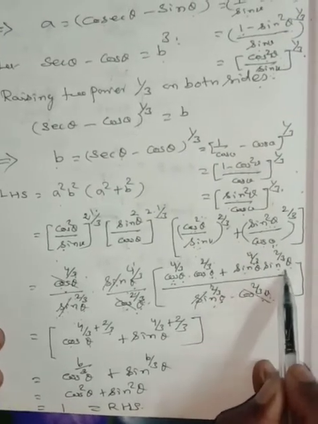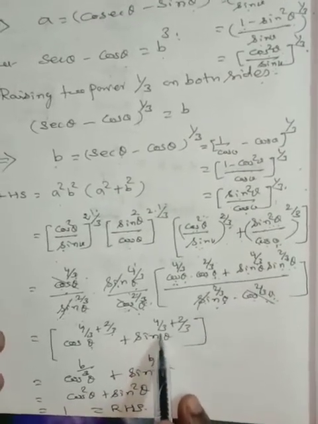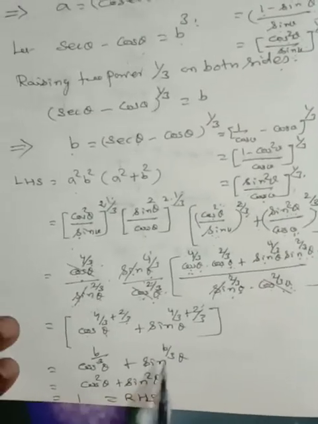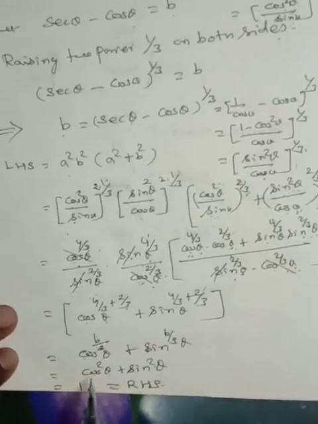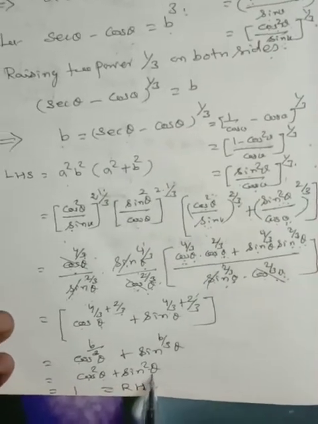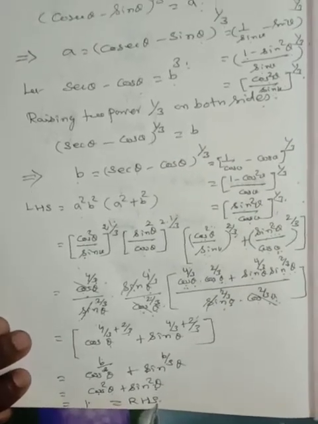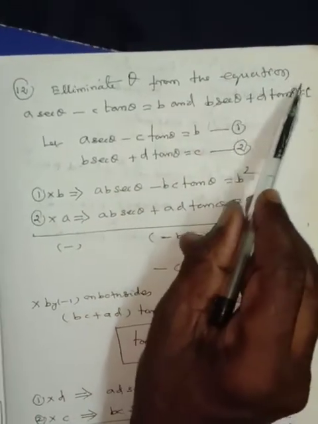So adding the power we get 4 by 3 plus 2 by 3 is 6 by 3. 6 by 3 means sin square theta. Cos power 6 by 3 means cos square theta. So cos square theta plus sin square theta by the trigonometric identity, answer is 1. This is RHS.